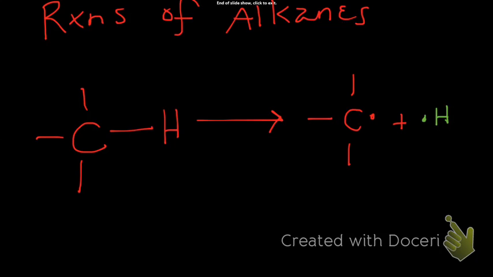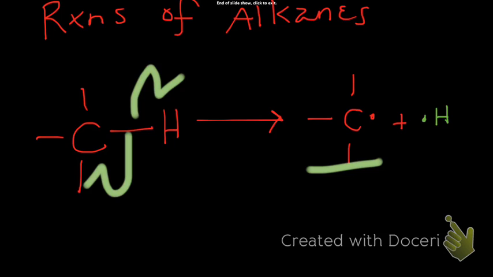Let's say this were a homolytic cleavage: we would have 1 electron going to the carbon, 1 electron going to the hydrogen to form a carbon radical and a hydrogen radical. However, this does not spontaneously occur.